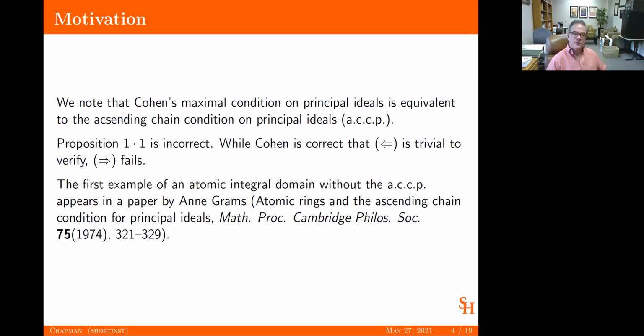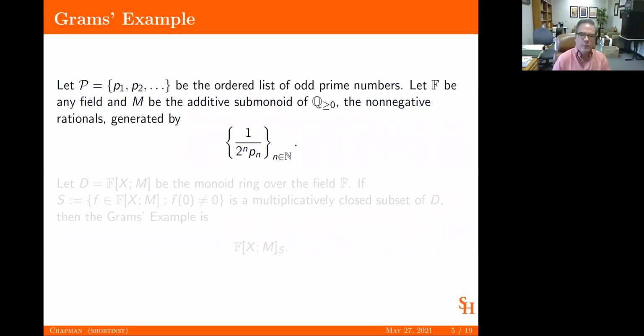In fact, the first example of an atomic integral domain without the ascending chain condition on principal ideals is in a paper by Anne Grams, which was about 6 years later in the Math Proceedings of the Cambridge Philosophical Society. Atomic rings in the ascending chain condition for principal ideals. And it's this example that I want to start looking at to lead us into why you might want to study Puiseux monoids.